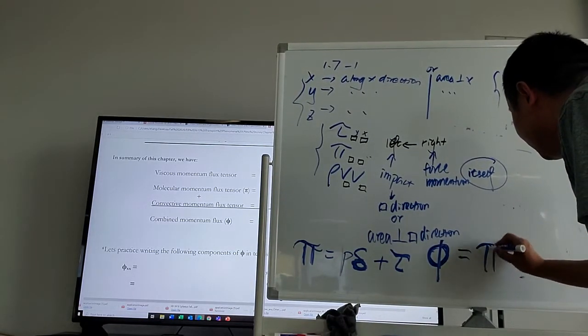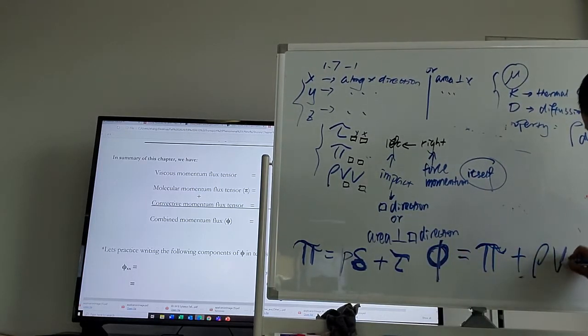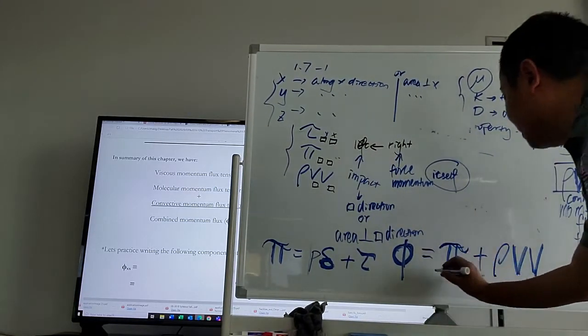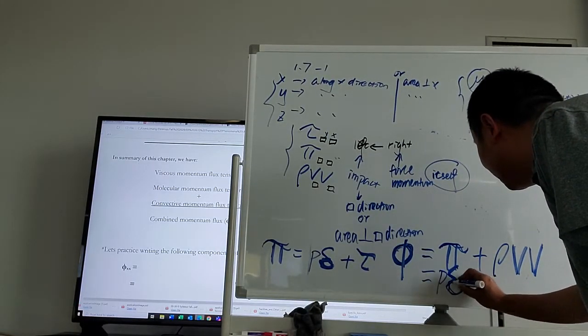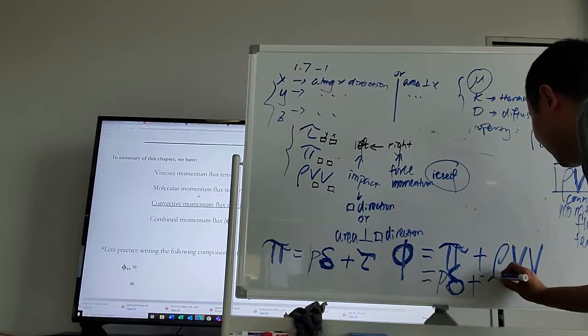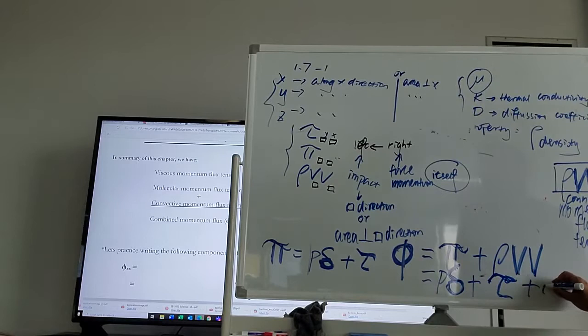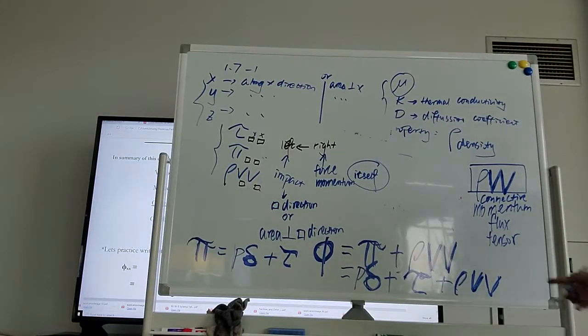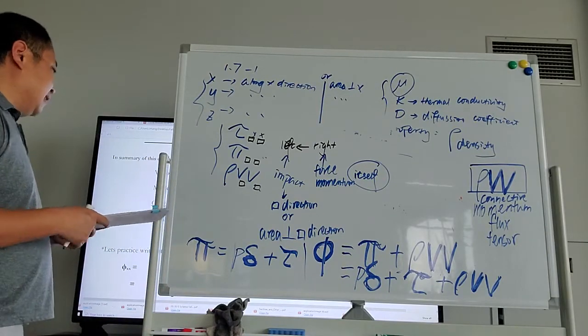Molecular, we know, is pi, plus convective, which is rho vv. And because pi equals p times the Kronecker delta, plus tau, then plus rho vv. So this is the combined momentum flux.